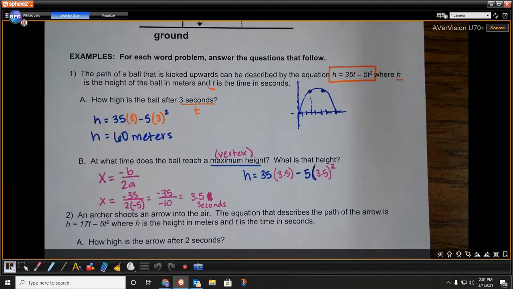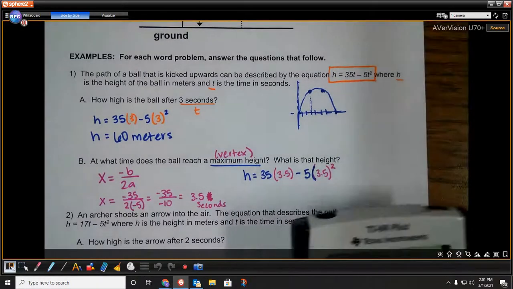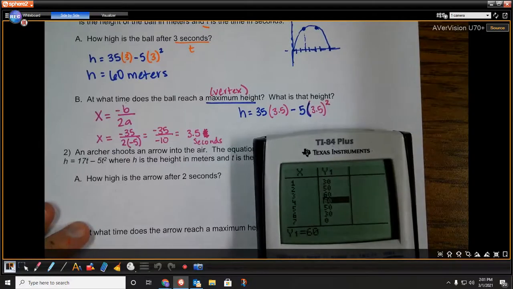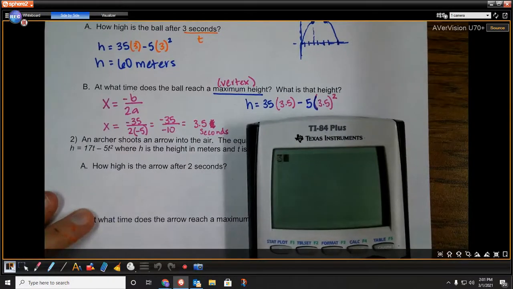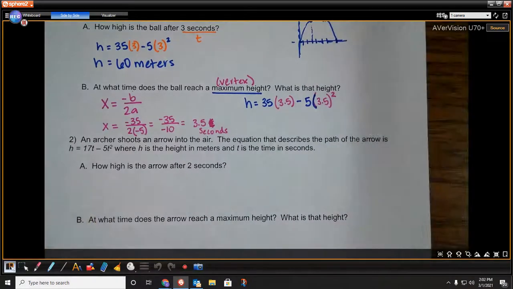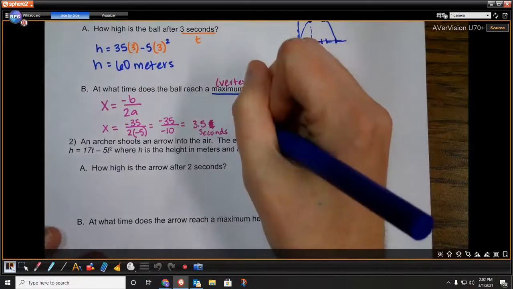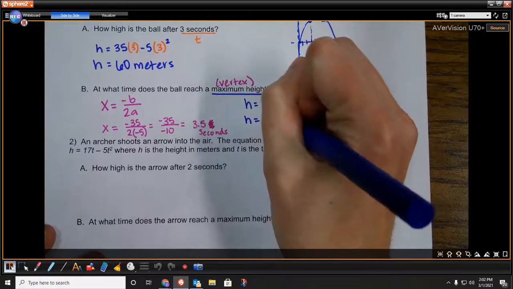Then we go here, second quit, and we have 35 times 3.5 minus 5 times 3.5 squared. Now it's important to keep those parentheses in there. And when we do that, we see that it's 61.25. So my h is equal to 61.25.